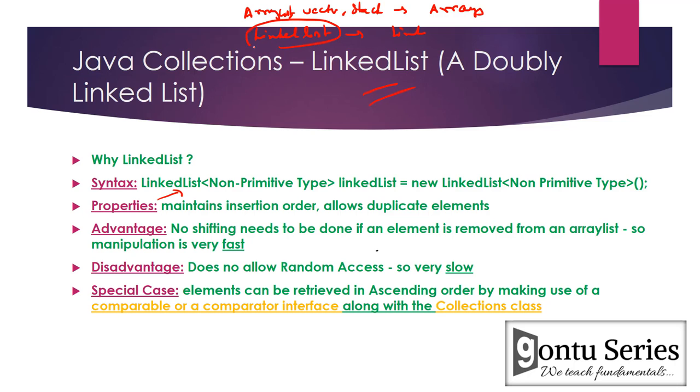So the linked list Java collection works on the principle of a linked list. Array list, vector, and stack all work on the principle of arrays. Linked list works on the principle of a linked list. Now what is this principle? We're gonna just look at that, and once we look at that principle, what next are we going to do? We are going to see it programmatically. We're just gonna look at its demo, which will be the same as I showed you in case of an array list, stack, or vector, but you have to concentrate on how this linked list concept works behind the scenes.